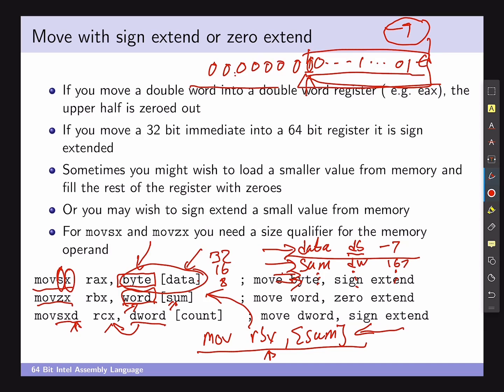Now the question you have to ask yourself is: is there a ZX version of this? Is there a movzxd? And the answer is there isn't, because by default, if I were to move a 32-bit value into a 64-bit register, it would automatically zero extend. So I don't need a specific instruction for that.